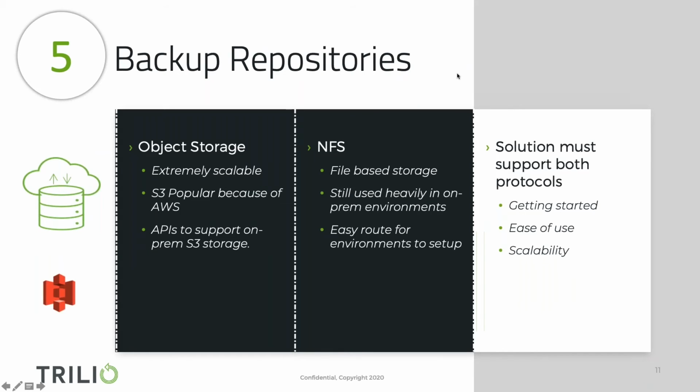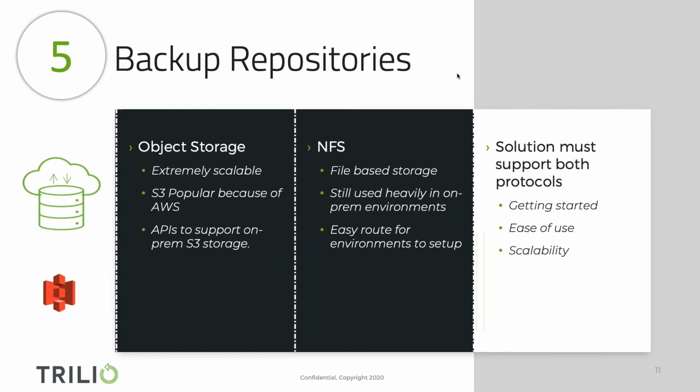The next one in line is the target repository or the backup repository where you're going to be storing the data. Now, object storage has been becoming extremely popular. S3 has become one of the main object storages out there because of its low cost, the scalability that it provides, and obviously the high availability that is available from it as well.